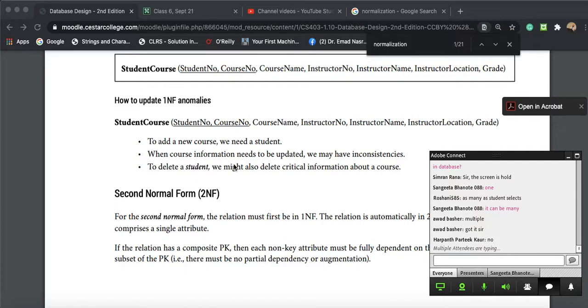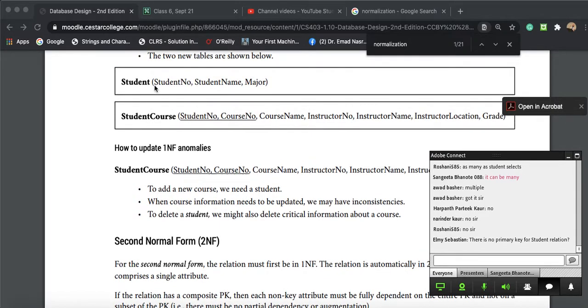Now, the student relation, the first one here, it's the student number, but maybe they forgot to put the line under it.